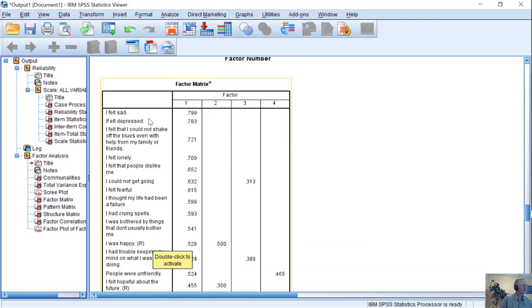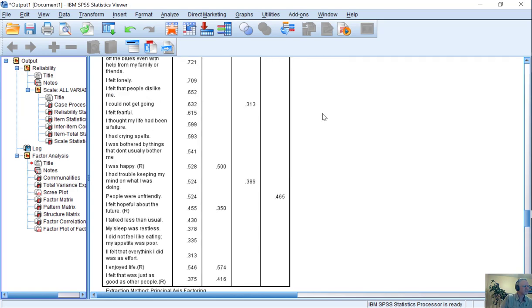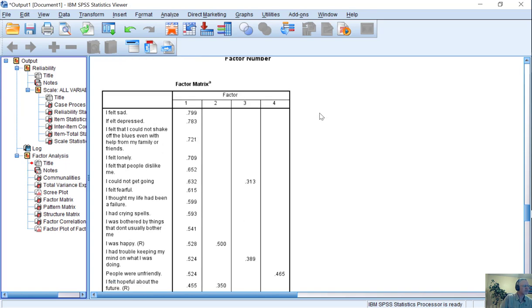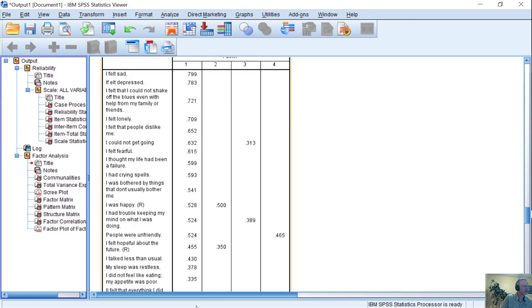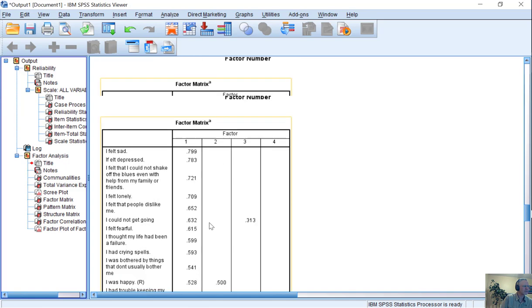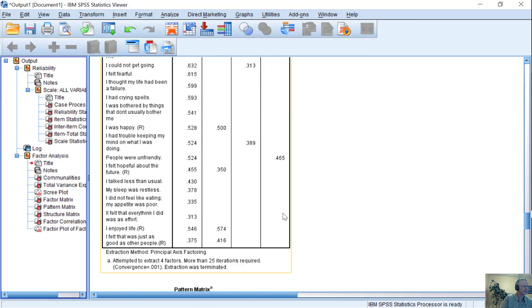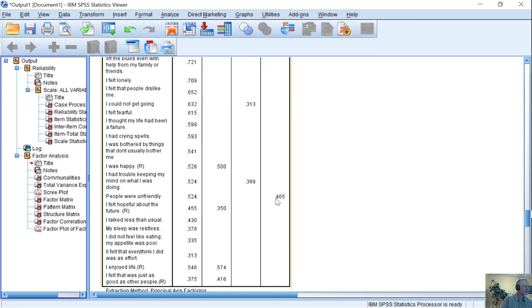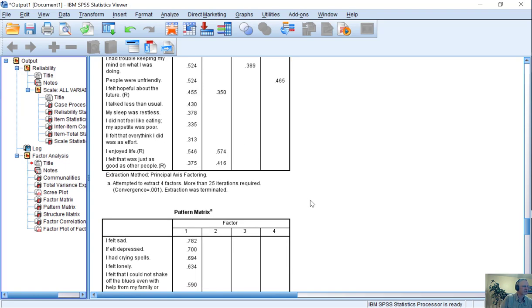So let's take a look at the interpretation, the way this came out. It's given us the variable labels, which is handy, and it's showing us the factor matrix, and here it's showing that everything loaded onto factor 1 initially, and then here was factor 2, factor 3, and factor 4 only had 1 item loaded onto it.